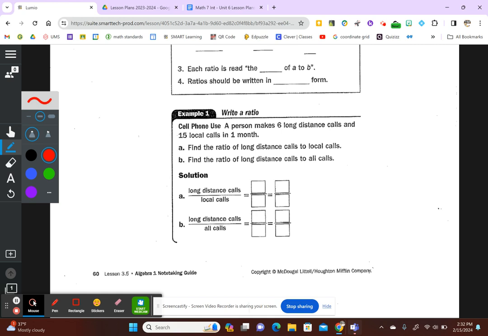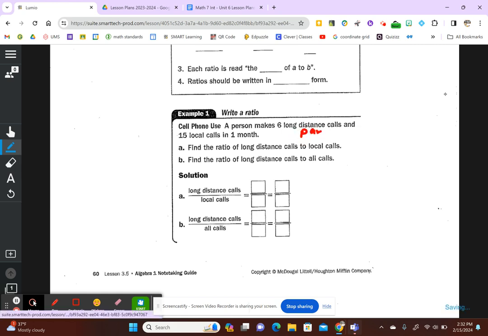So they want us to find the ratio of long distance calls to local calls. Well, long distance calls is part, and local calls are part. So this is what I call a part to part ratio. Okay, so this would be 6 to 14, but then I have to simplify, divide both by 2, 3 to 7.